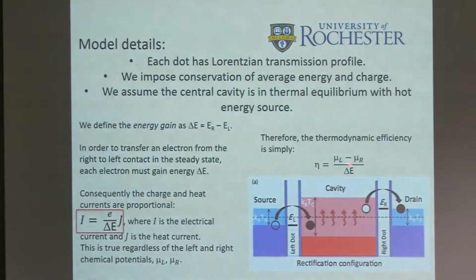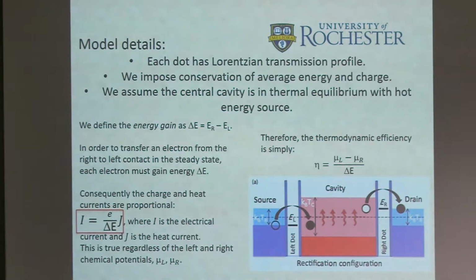Formally, what we do to actually solve this model in more detail, we basically just do some simple things. We assume that we have some Lorentzian transmission of each dot. It's not actually a delta function. There's some broadening we take into account. We impose just conservation of energy and conservation of charge in the whole system, and that fixes what the temperature and the chemical potential of the central cavity are.